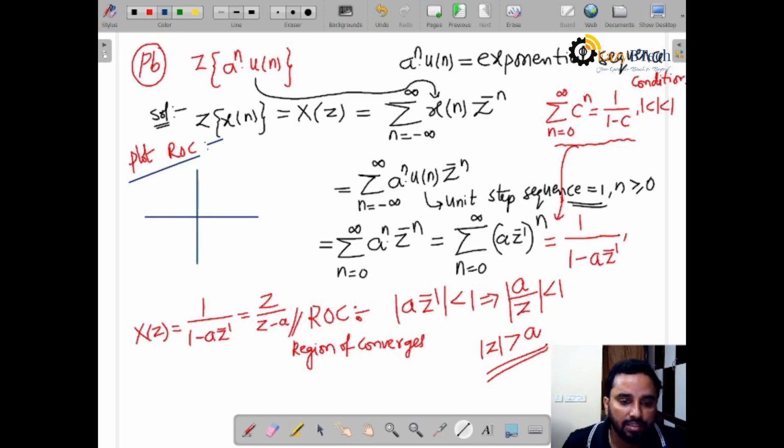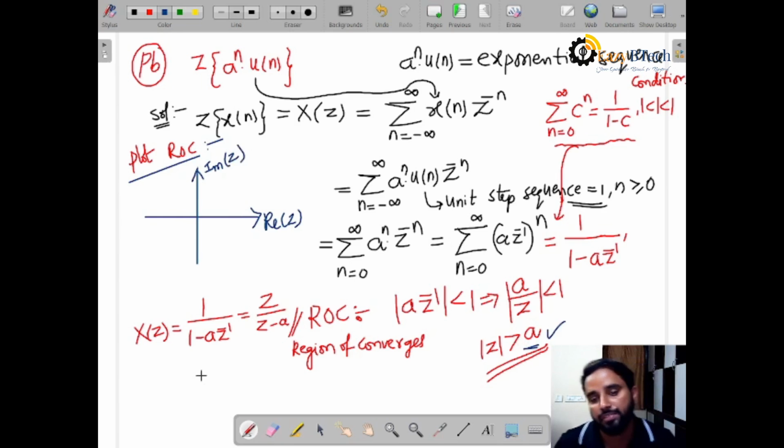The x-axis is the real part of z, and the y-axis is the imaginary part of z. Now we need to draw a circle of radius a in our problem. The ROC is magnitude of z greater than a, so take the circle of radius a.